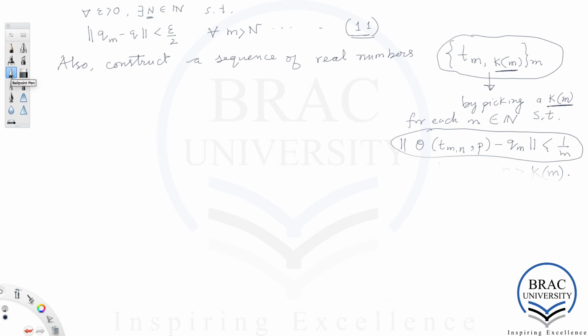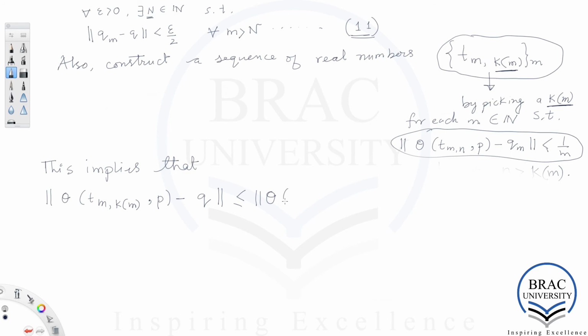Now, based on our construction, this implies that the norm of this difference, theta(t_m, k_m, p), which we have just constructed, minus q, that point of the complement of the omega limit set, is less than or equal to, by triangle inequality, the sum of two norms.